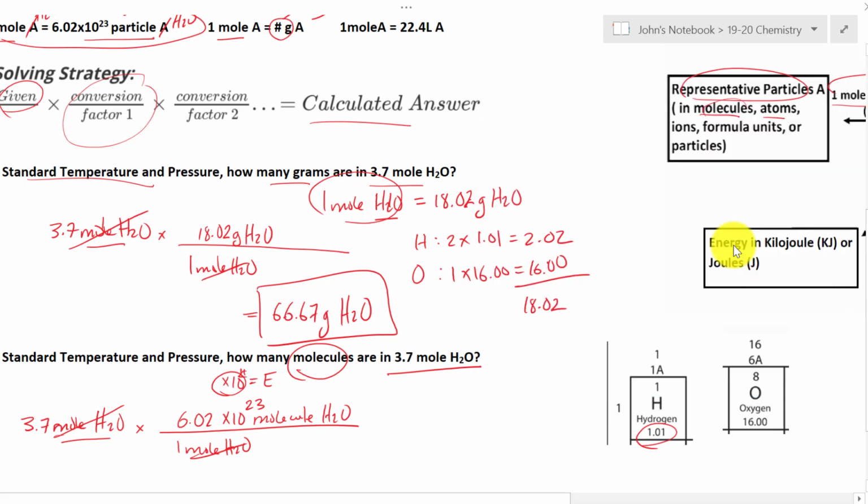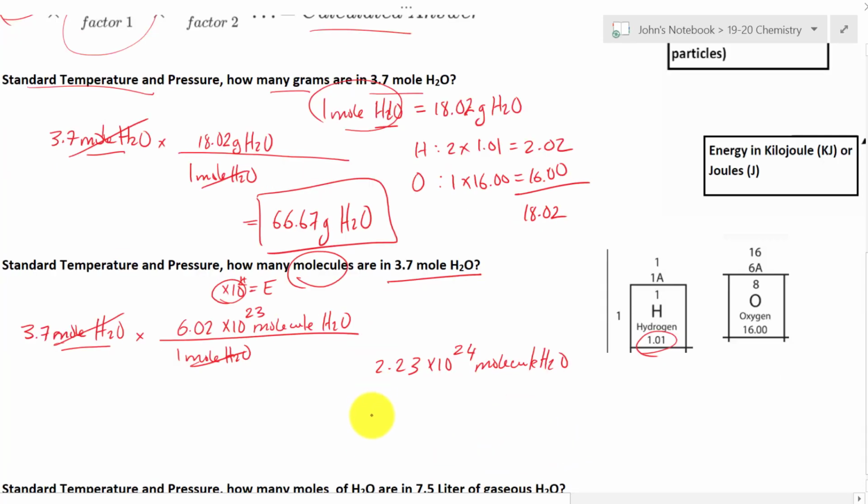So we have 2.23 times 10 to the power of 24 molecules of H2O. And if we type this on Streamlit, it would be 2.23 E24 molecule of H2O, because that E right there is 10 to the power.